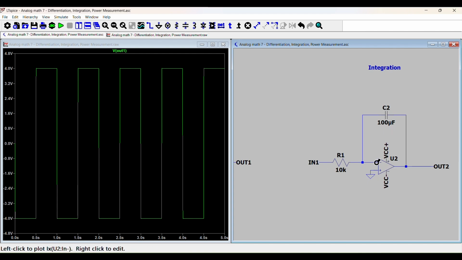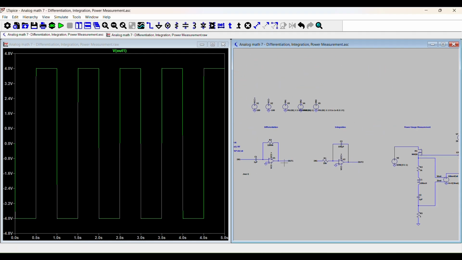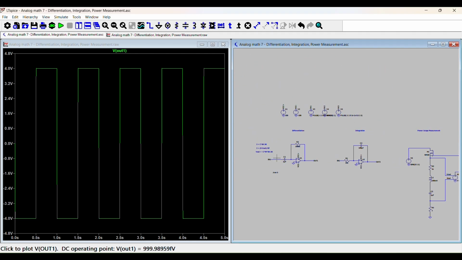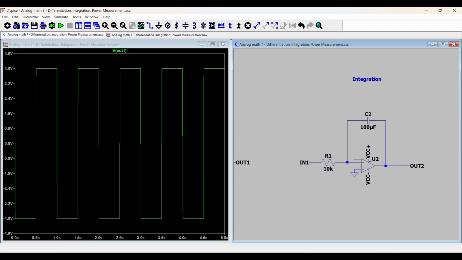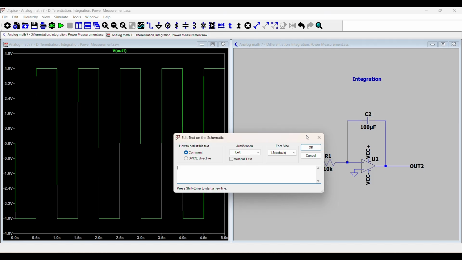Here the equation is basically the inverse of the differentiating one. Let me just type this out. It's basically V out is equal to minus 1 over RC times the integral of V in with respect to time.